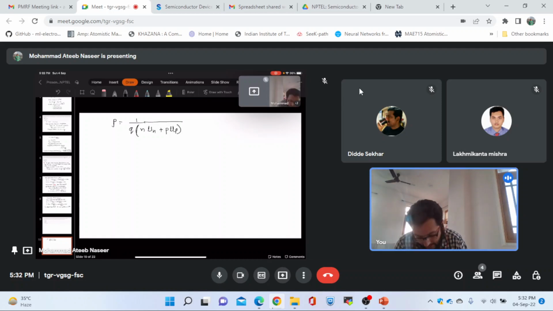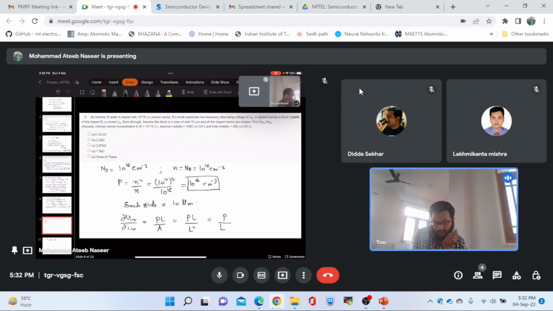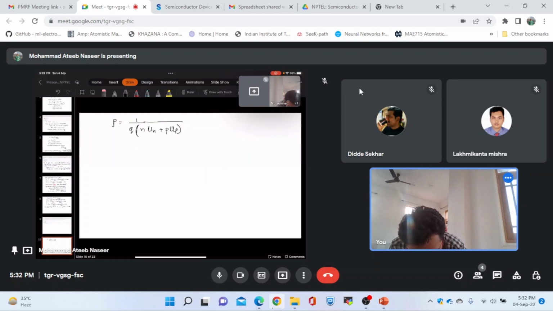Since this material is n type, we will be having a large concentration for n and a small concentration for the holes. So since n is much greater than p, we can write this simply as rho equal to 1 by q n mu n.